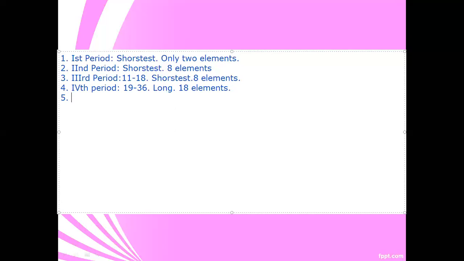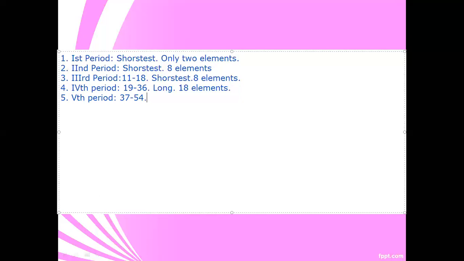The next one is the fifth period. The fifth period contains atomic numbers 37 to 54.